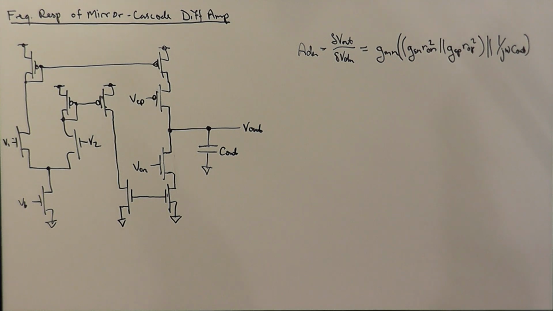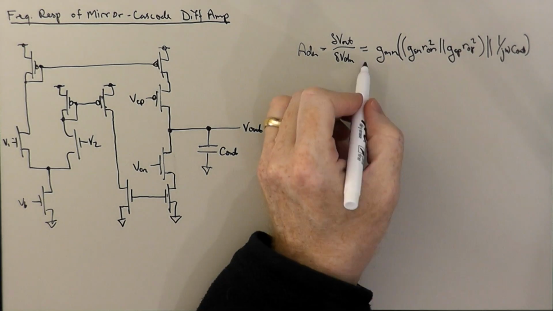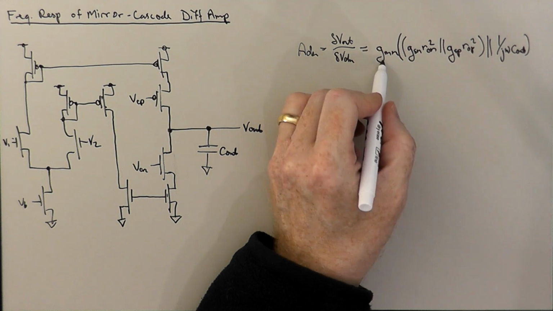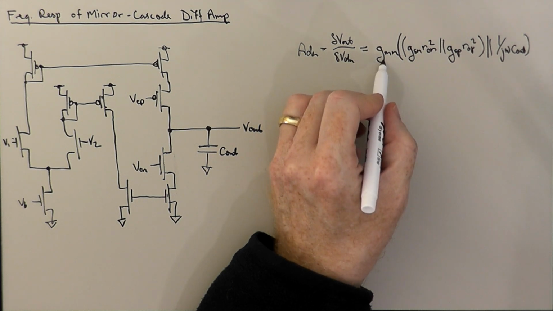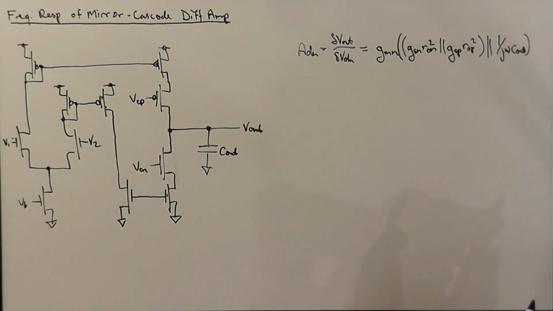And so what I'd like to do with this is basically to recognize that we can distribute the GMN, a constant, through the parallel operator here.